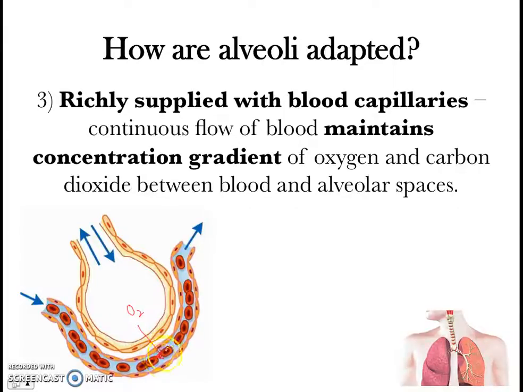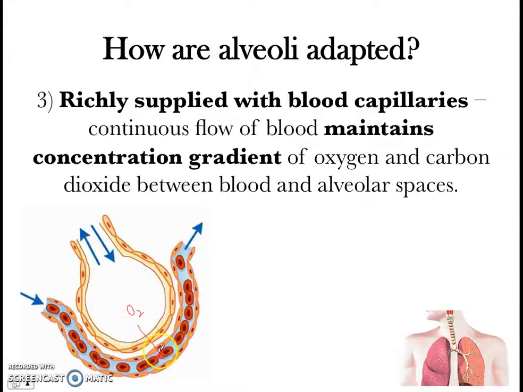If this blood doesn't move, then oxygen cannot keep diffusing because now oxygen has moved over and the concentrations are quite equal. But normally, because of the continuous flow of blood, as soon as this blood becomes oxygenated, it will be moved along, back to the heart, right? It will flow back to the heart. And then more deoxygenated blood will flow to this point, and then oxygen can keep moving from the alveolar space to the blood.